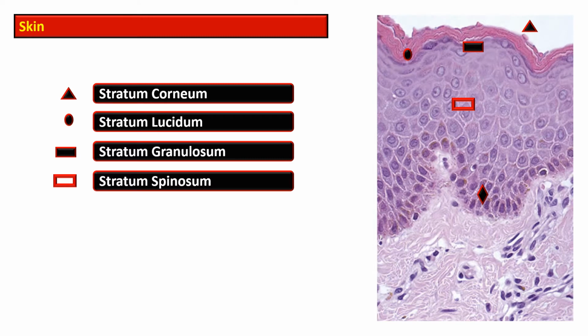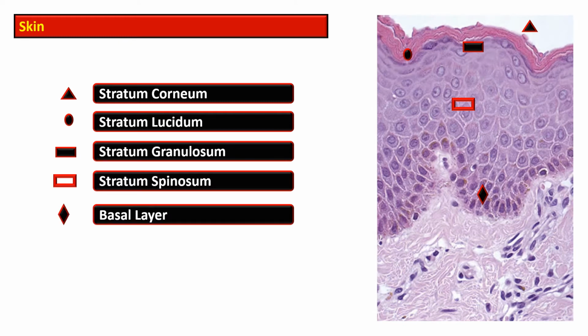The stratum spinosum has polyhedral cells with prominent intracellular bridges, and all these layers rest on a prominent basal layer, and over here this basal layer is showing a deeply brownish pigment that is melanin.